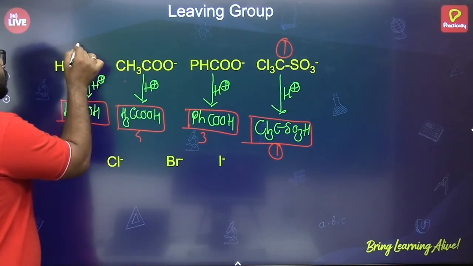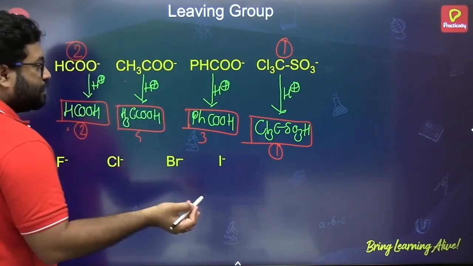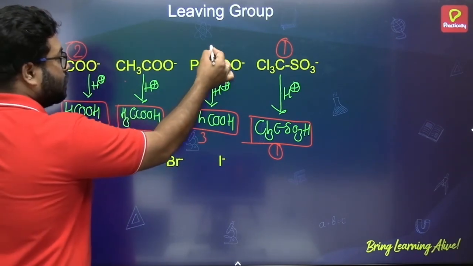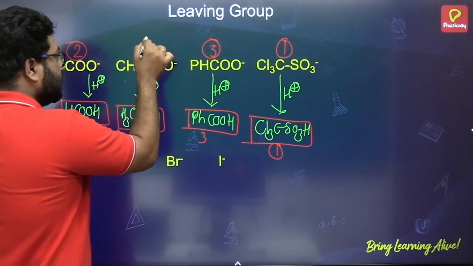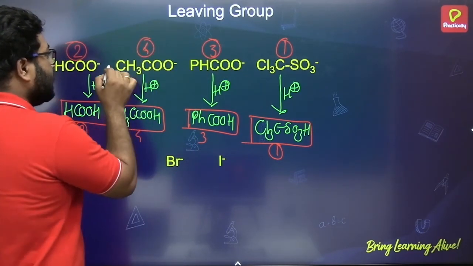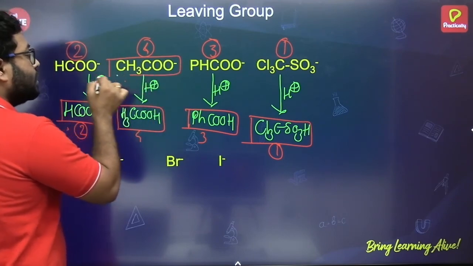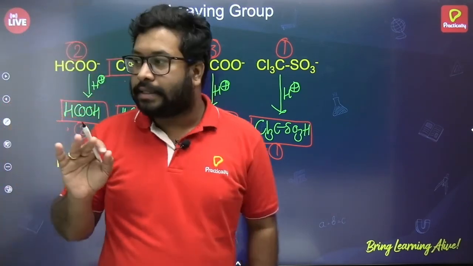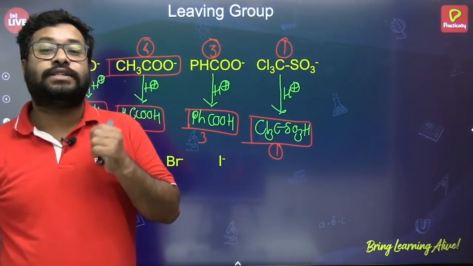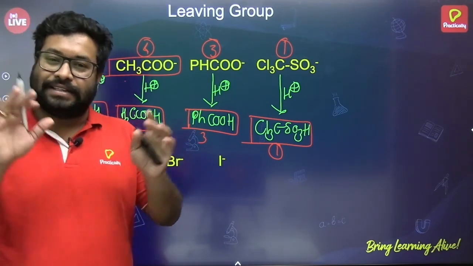This is your third number, and this is your fourth number. Basically, acetate ion is the worst leaving group in these 4. Okay, it is that simple.